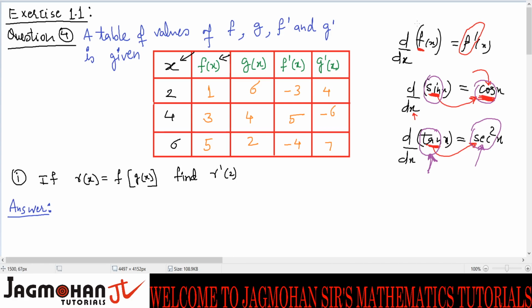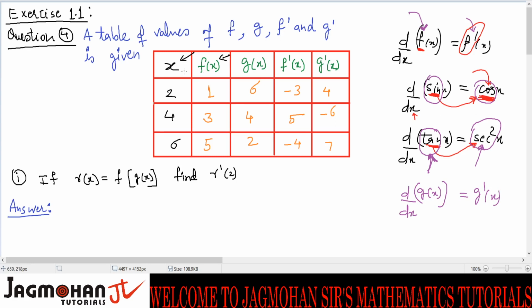So the derivative of f has to be some other function, which we represent by f dash. It's a notation. So d by dx of g of x, we will write g dash x. You have to remember this. It's a representation, a notation. So we have g of x, f dash x and g dash x.